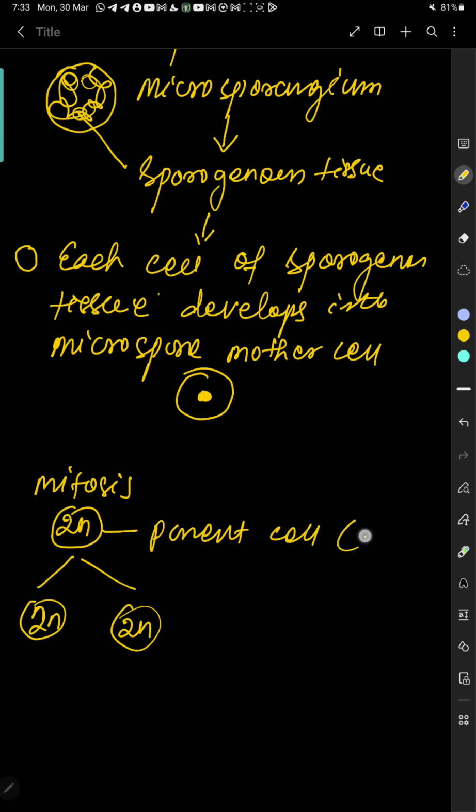So if the parent cell is diploid, then the daughter cells are also diploid, or if the parent cell is haploid, then the daughter cells will also be haploid. That means the number of chromosomes remains the same in the daughter cell. So now come to the meiosis. Have you written this?